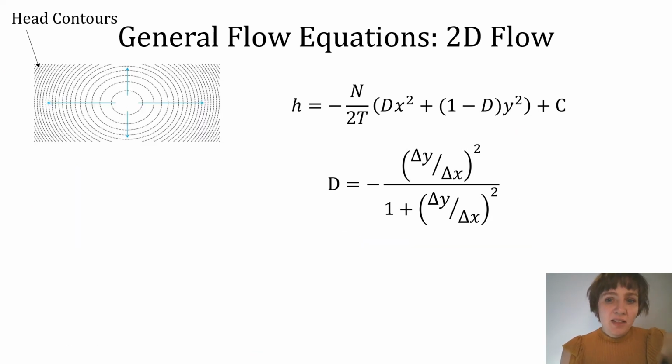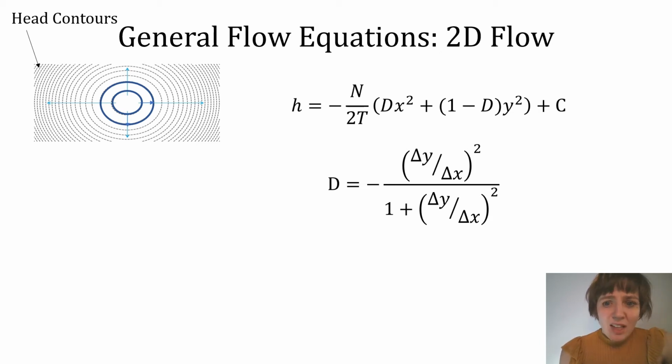Now, here is a flow pattern for which we could calculate d. Technically, we do need a scale bar so that we can measure the change in distance from one head contour to another. However, because these are both circles, the distance traveled along the x-axis from the inner to the outer circle is going to be the same as the distance traveled along the y-axis from the inner to the outer circle.